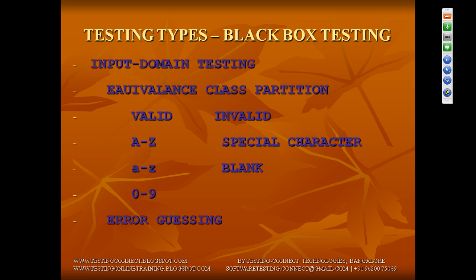So this is boundary value analysis and equivalence class partition. For your username you can give valid characters like A to Z, capital A to Z, small a to z, 0 to 9. But you cannot give a username like 0 Rama or 0 Krishna.